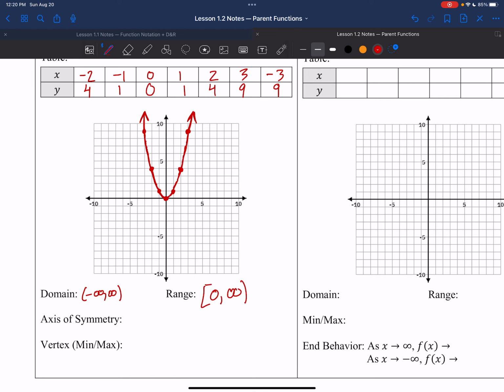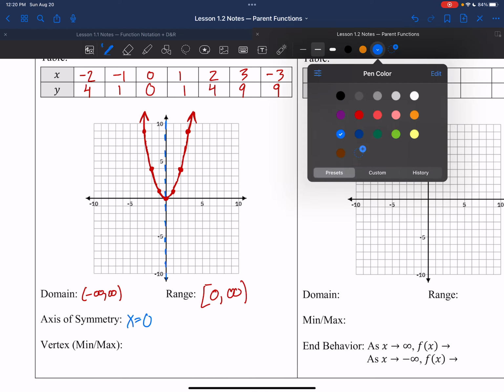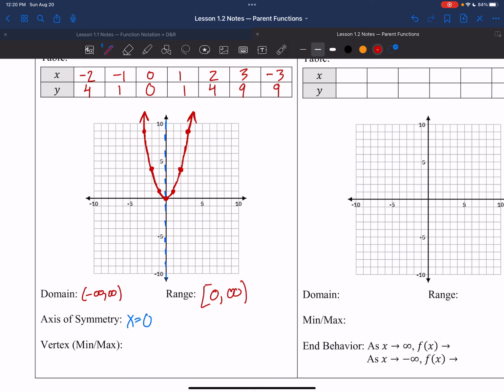The axis of symmetry, just like absolute value, it's symmetrical on both sides here. And so that is the line x equals 0. And also, just like absolute value, it's a vertex with a minimum at the origin, 0, 0. Ta-da!